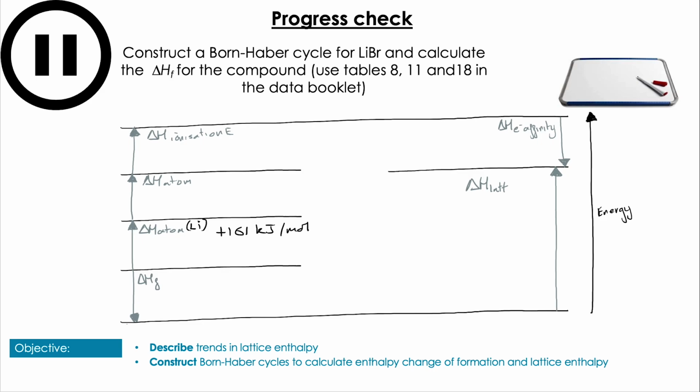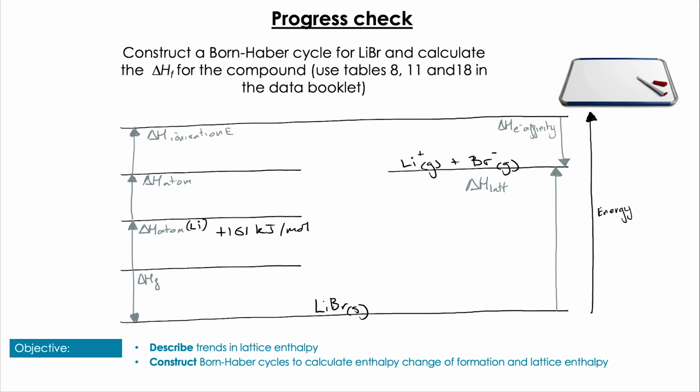So filling in the rest of this cycle, we know that it will be Li solid plus half Br2 gas, and that, if we atomize the lithium, will give us lithium gas plus half Br2 gas.